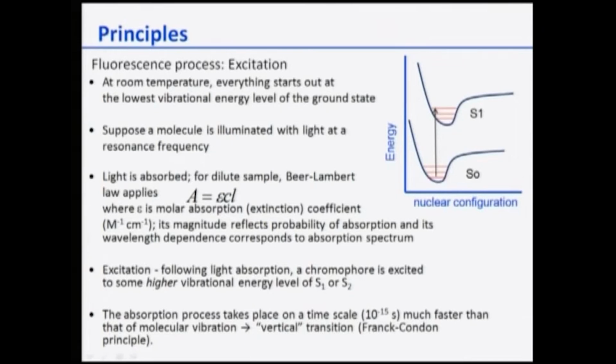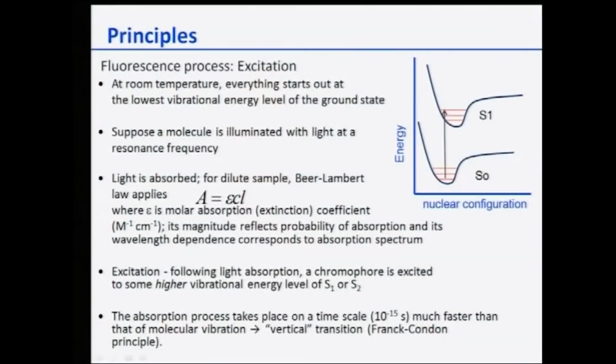So, its magnitude reflects the probability of absorption, and the wavelength dependence corresponds to the absorption spectrum. So, that is how we can explain the absorption. Excitation actually happens following the absorption. A chromophore, which is basically the basic unit of a molecule, is excited to higher vibrational states from S0 to S1, and the absorption process takes place on a much smaller time scale.